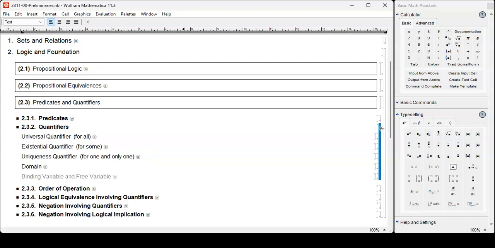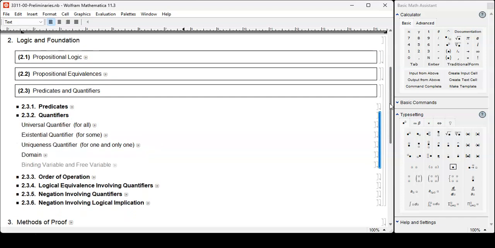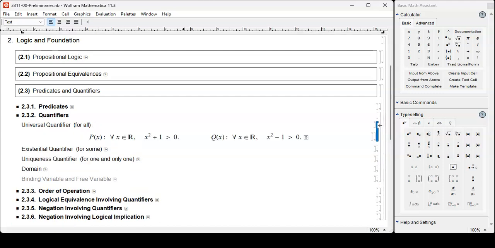Now let's talk about quantifiers. There are some quantifiers that you have to know. Universal quantifier, for all. Here's an example. For all x in the domain, which is set of all real numbers, x squared plus 1 is greater than 0. Now, is this true? True for all x, a real number? Yes, it is. X squared plus 1 is always positive for all real numbers. How about this?